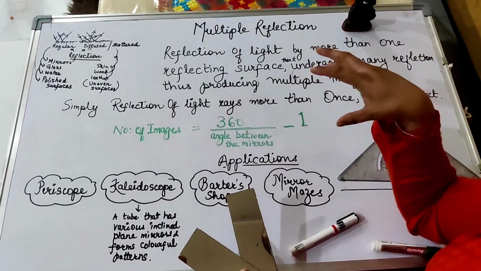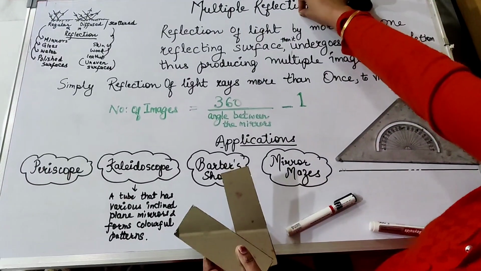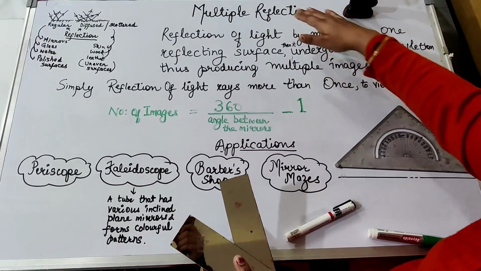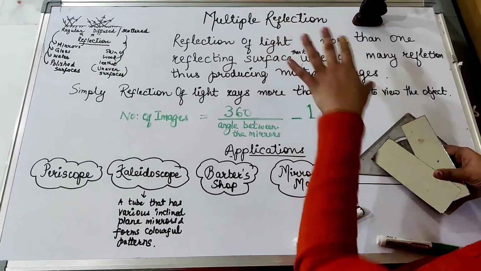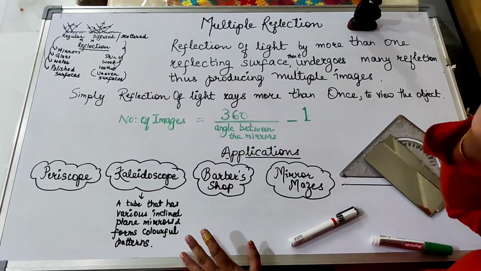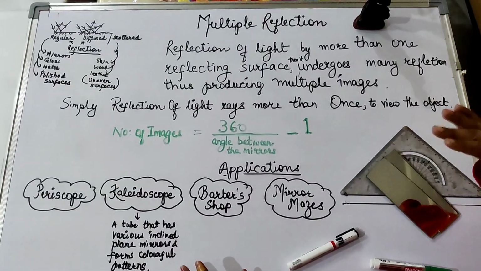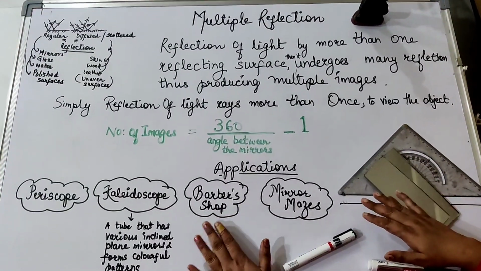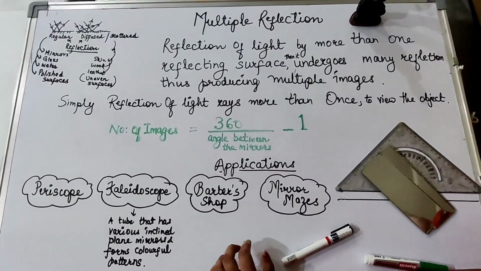Now, why are we discussing it? I always tell my students, if something is happening, it is happening for a reason. Where are we going to see it? We are going to utilize this multiple reflection from a very simple example, which we have seen since childhood, when we went to the barber shop for a haircut.